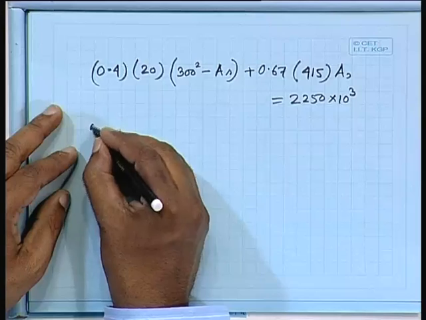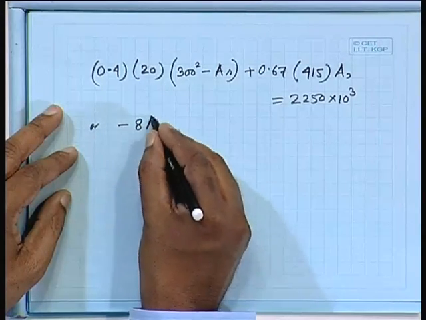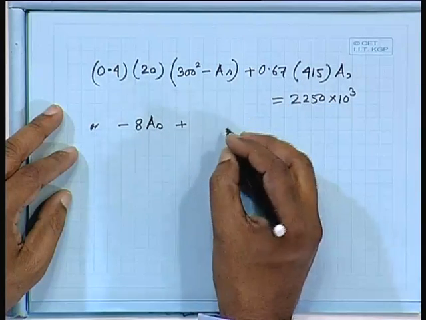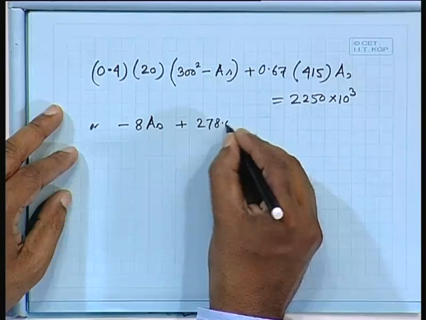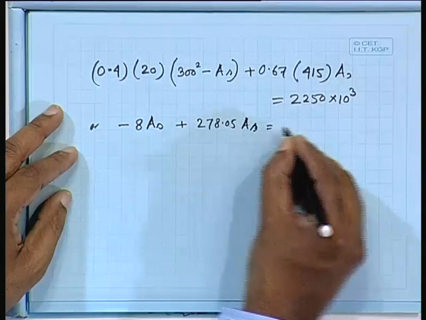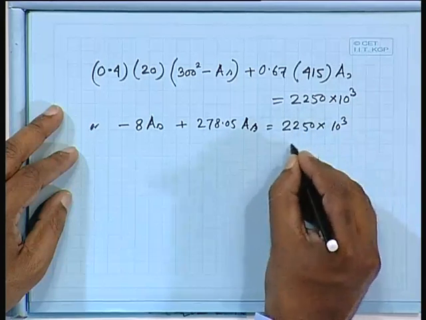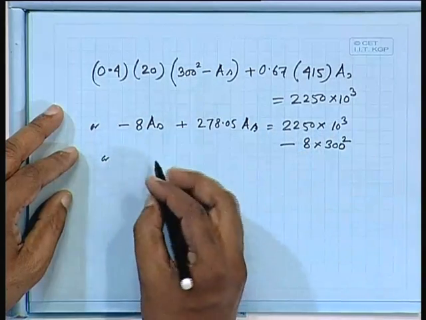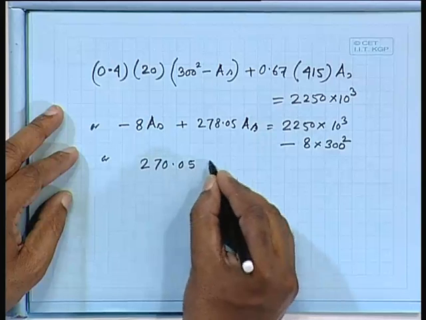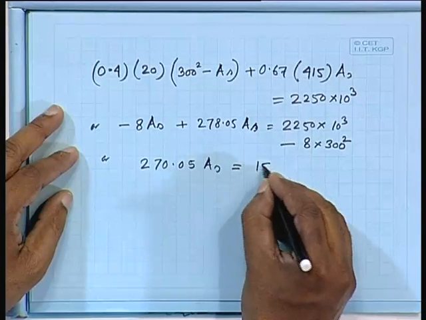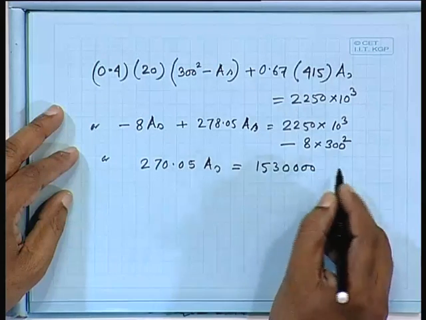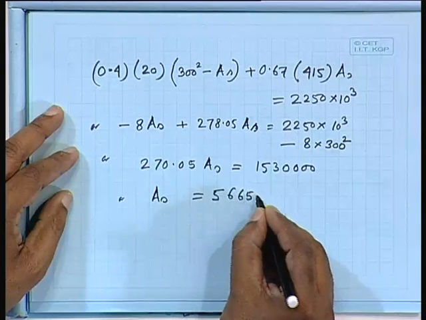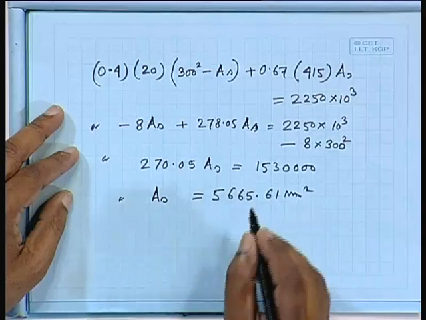So, we get 278.05 As equal to 2250 into 10 to the power 3 minus 8 into 300 square, or 270.05 As equals 15300, or the area of steel As will be equal to 5665.61 millimeter square. Let us say 5665.